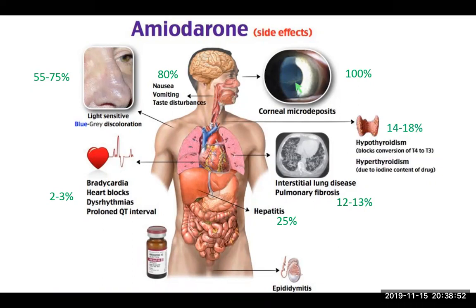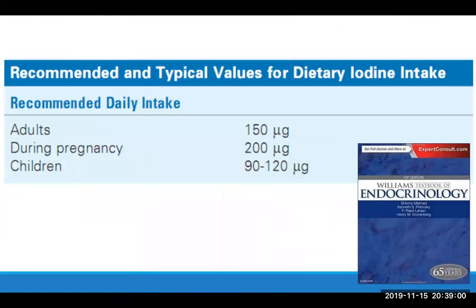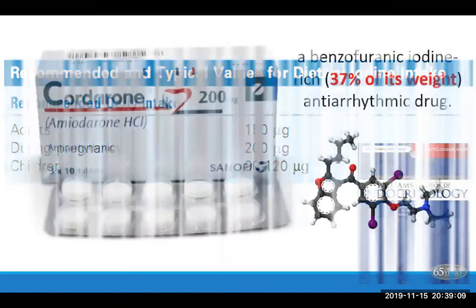About 14 to 18% present with thyroid dysfunction, either hypothyroidism or hyperthyroidism. The daily requirement of iodine in adults is about 150 microgram per day, and during pregnancy is 200 microgram per day.